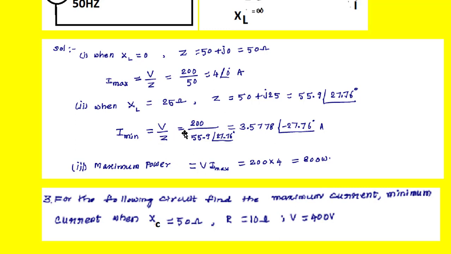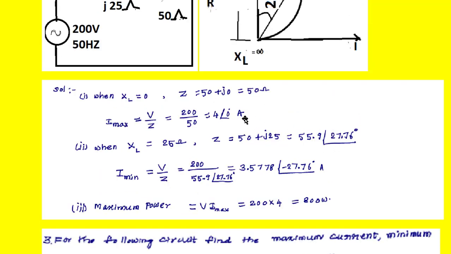Then we can calculate the minimum current that flows here, that is V by Z, equal to 200 by 55.9 at an angle of 27.76 degrees. After simplification we get 3.5778 at an angle of minus 27.76 degrees amperes.